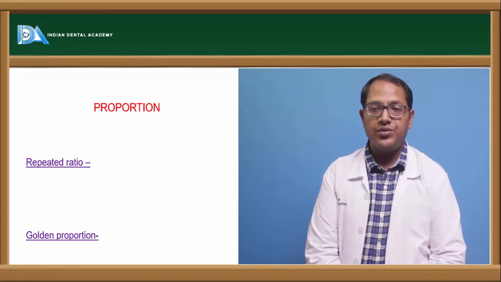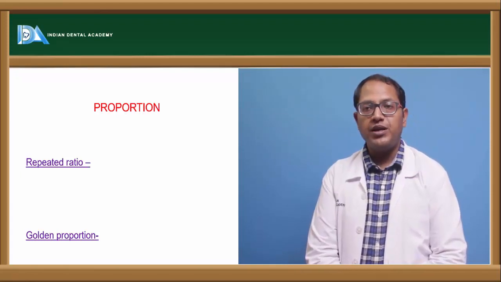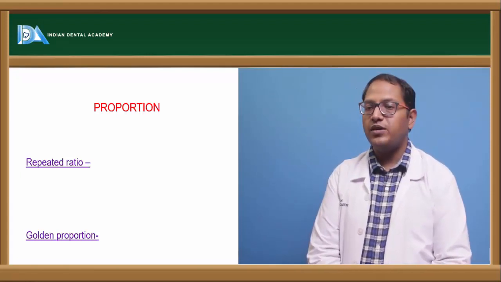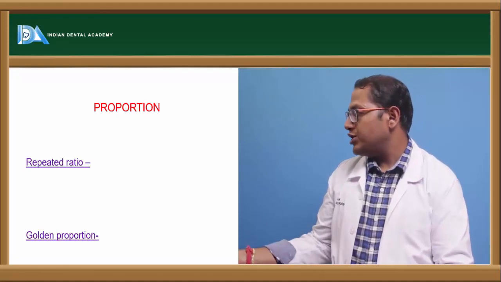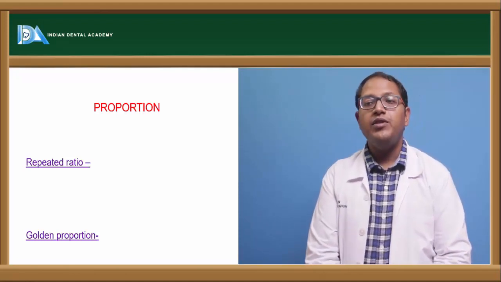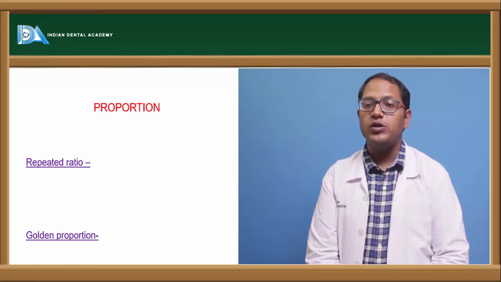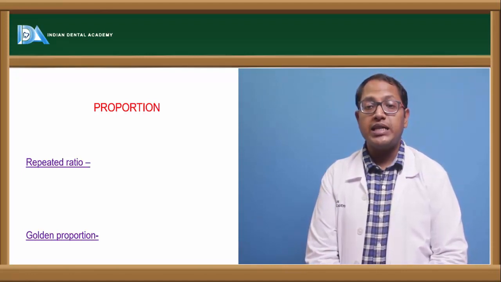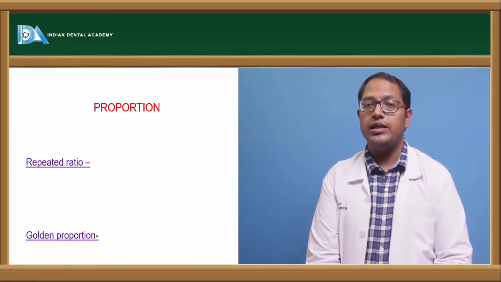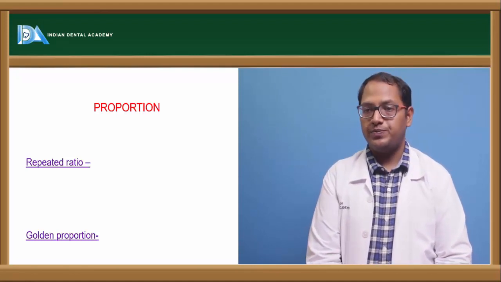It's called repeated ratio. The proportion between the various elements of a harmonious composition, in which the cohesive and the segregative forces are equally balanced and which has its various units in an aesthetically appealing proportion to each other, is called golden proportion.